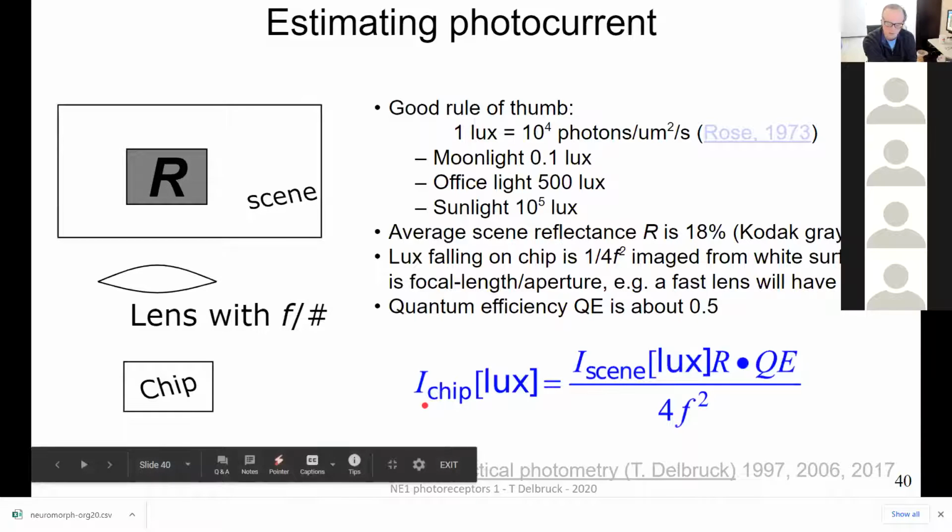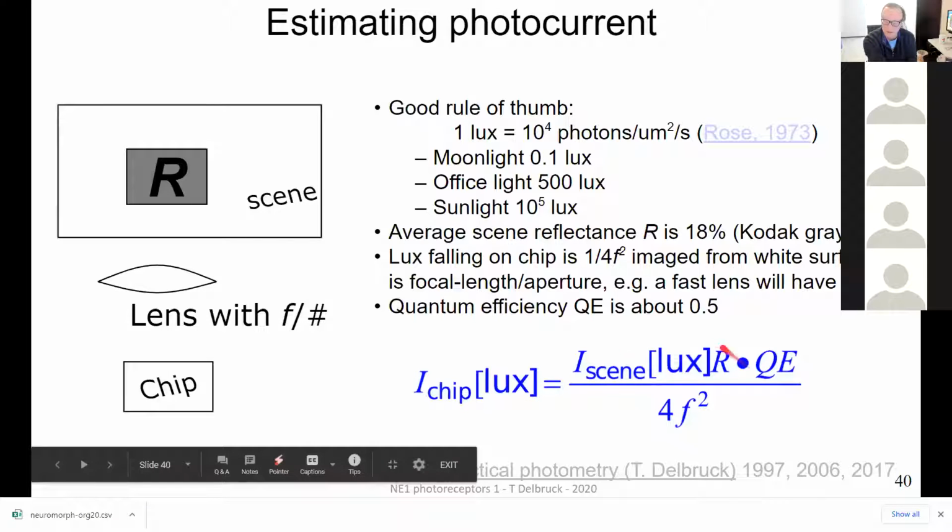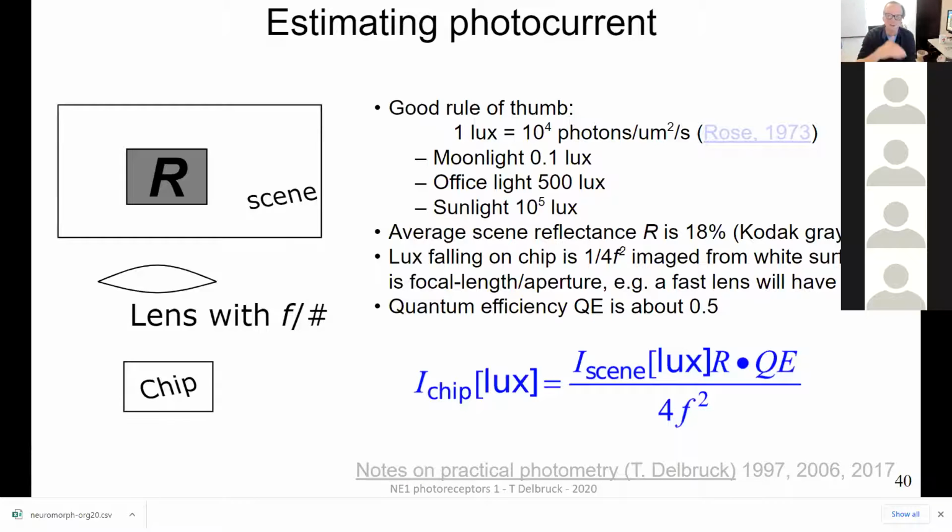You can compute that the amount of light falling onto the chip in lux is the scene illumination times the scene reflectance times the quantum efficiency divided by 4F squared. And if you work that out in a realistic scenario, you'll find that the amount of light shining onto the chip is only a small fraction, say 1/30th or even 1/60th or 1/100th, of the light falling onto the scene. So you have to take that into account when you're calculating such stuff.